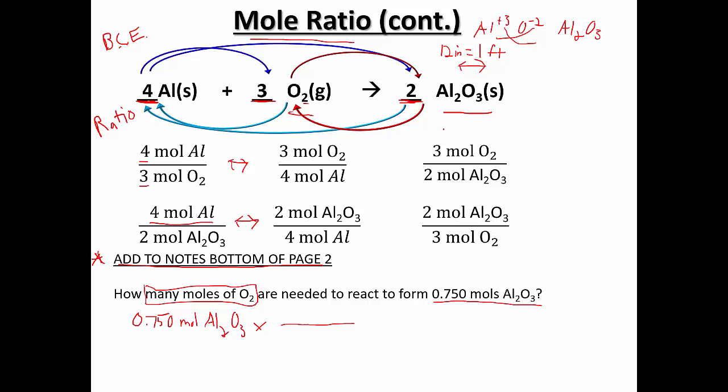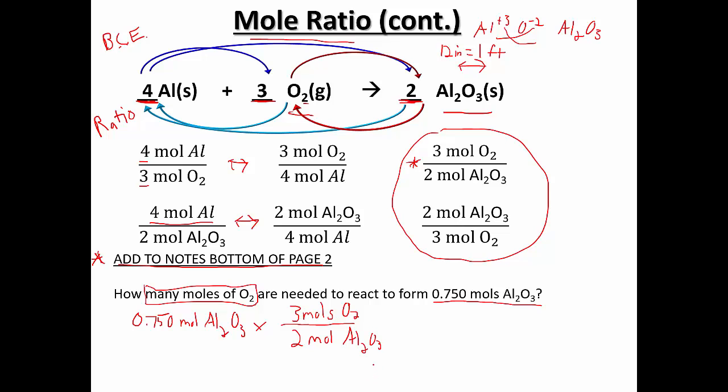Now the question is, which one of our conversions are we going to want to use or set up here? In this case, this top one is the one we'll look at, where we need 3 moles of oxygen, O2, to react with 2 moles of Al2O3. Setting it up this way, our moles can cancel our moles, leaving us with our oxygen.